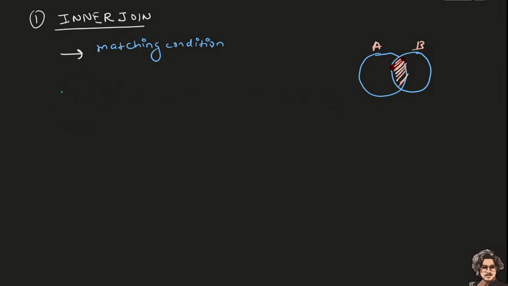First of all, I write SELECT. What do you have to select? A particular column, like table 1 dot column 1, and table 2 dot column 2.